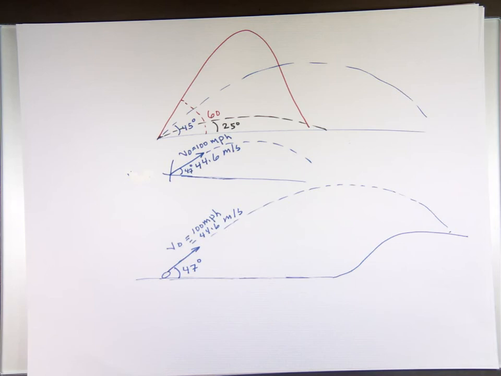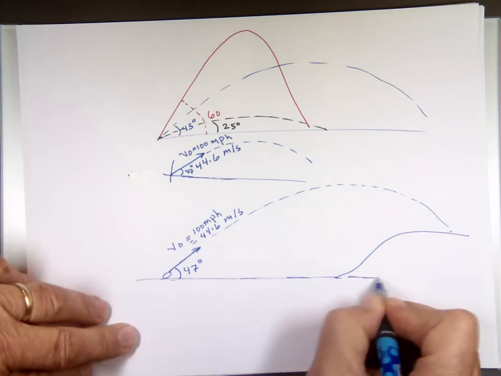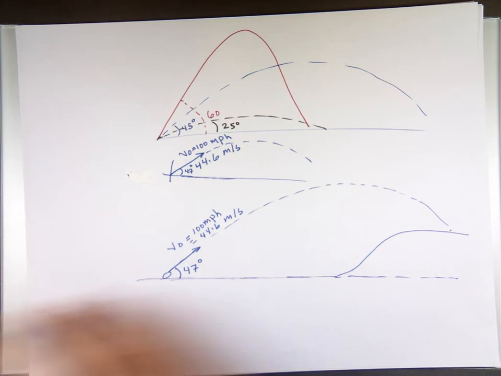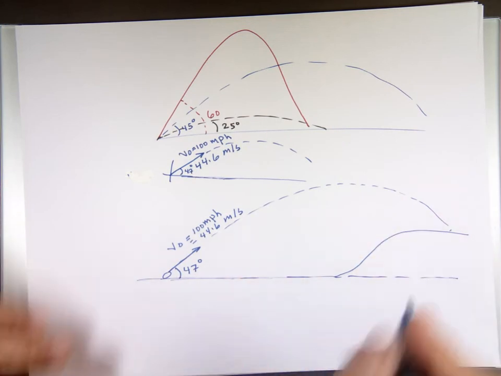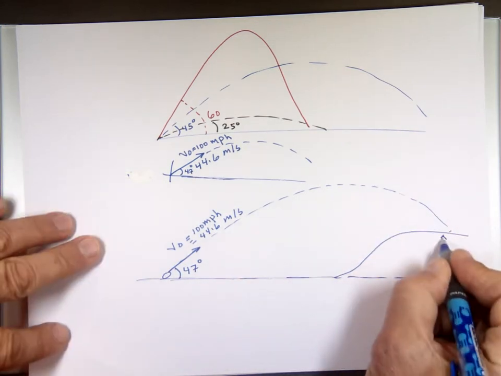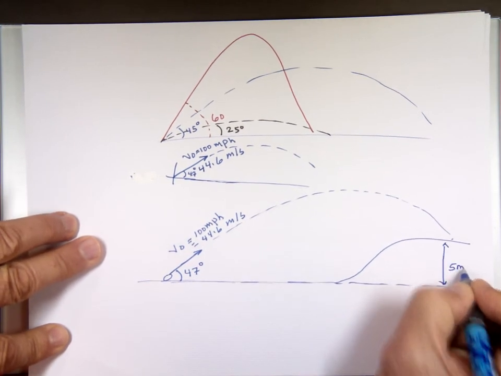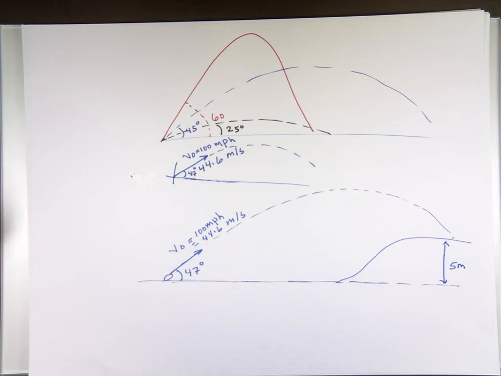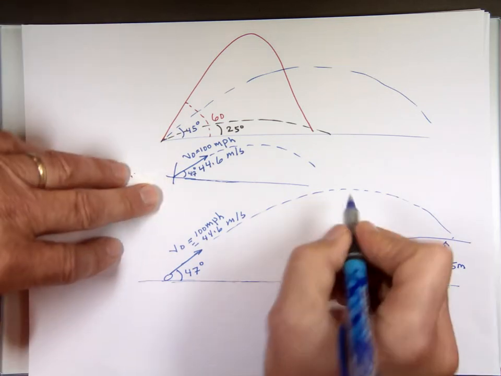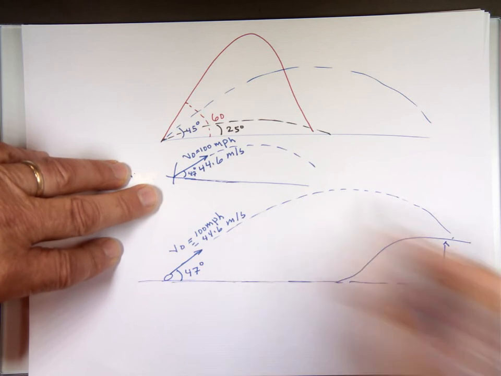Let's assume the end, where the ball landed, that height is actually 5 meters above the ground. The question now: where's the maximum height? Is it right here? Somewhere from the picture, right there? Yeah. So what is the maximum height? That's what we're looking for.